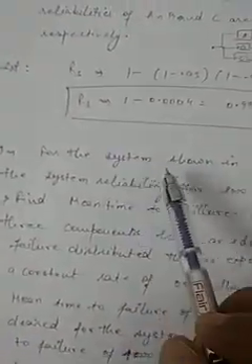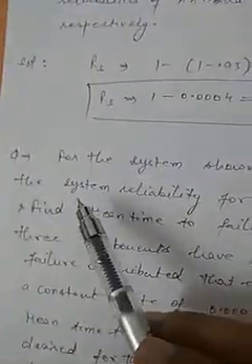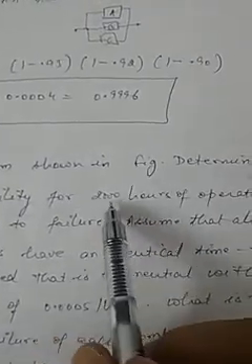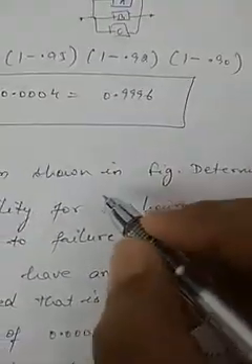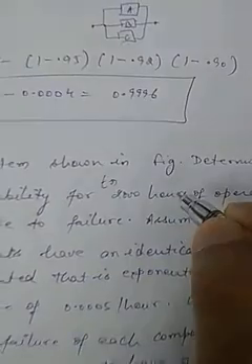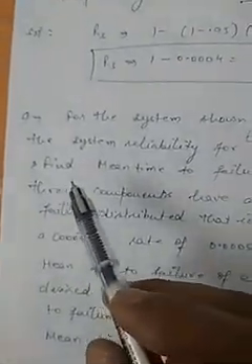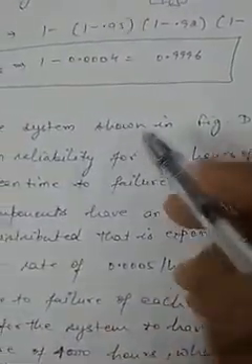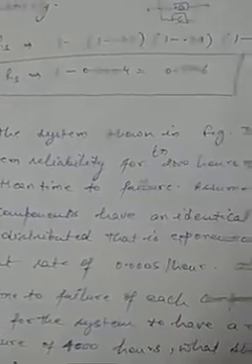The second question is: for the system shown in the figure, determine the system reliability for 200 hours of operation, meaning time is given here as 200 hours, and find the mean time to failure, that is the MTTF, of the system.